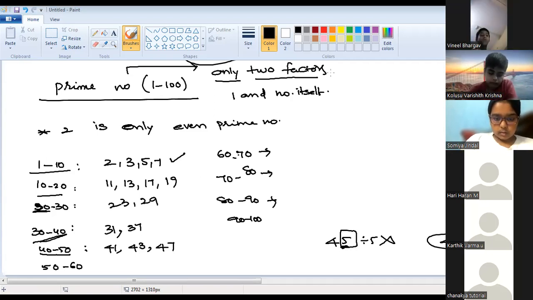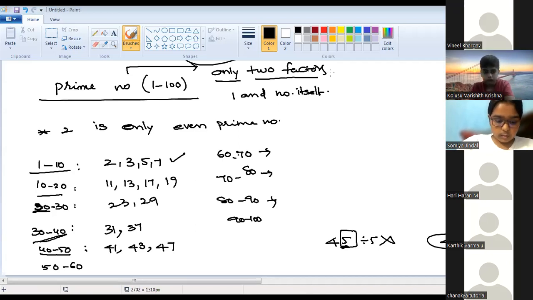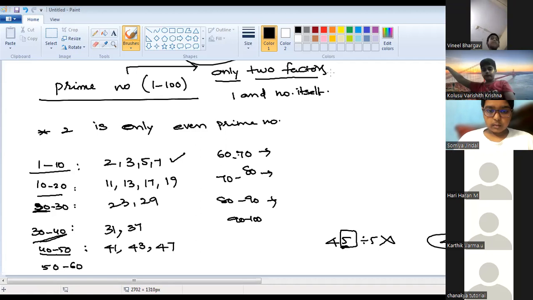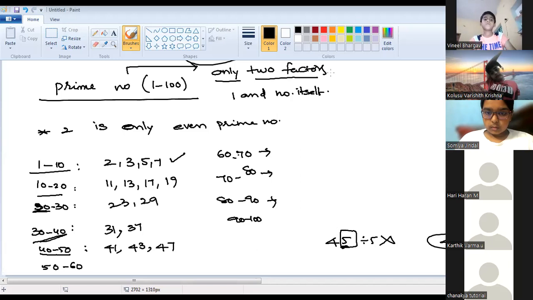Varshit Krishna already sent. Really good children who sent all correct 1 to 100. I really appreciate it. Like the Prime Minister is important, prime numbers are most important.